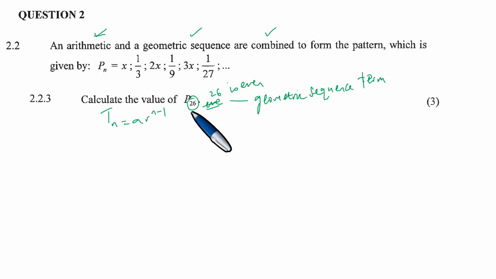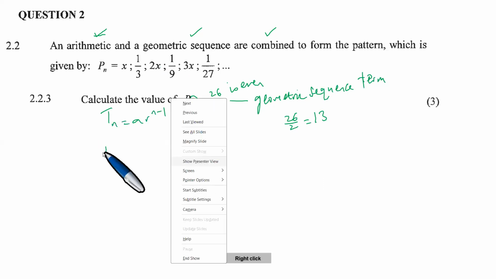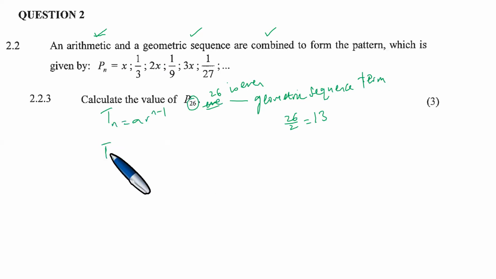So at P26, it's going to be 26 divided by 2 because the two are combined. Half is arithmetic and half is geometric. So it's going to be position 13.